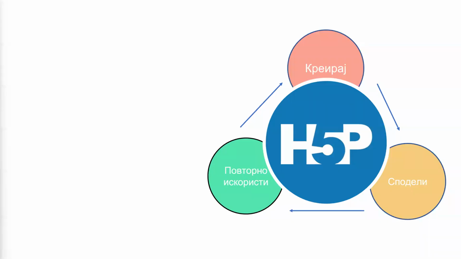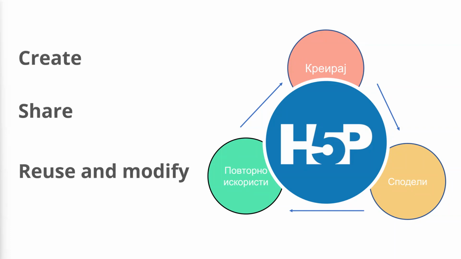And now finally, because we are OER here, we are speaking about sharing and reusing content. H5P is made for that. The three strengths of H5P are create, share, and reuse and modify. Creating, as I said, is very easy.